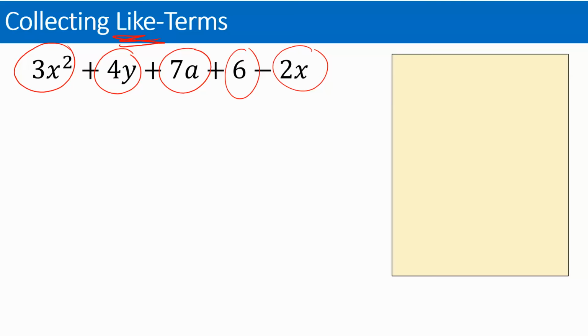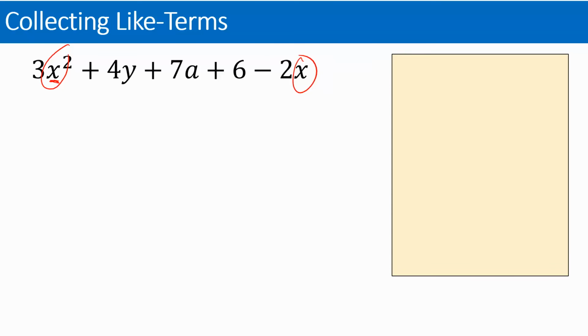Technically, all of these terms are different. A lot of the time students get this wrong, especially in year 8, when you start doing multiplying, adding, dividing, there are some rules that you'll start to mix up. The common one that you'll mix up is the x squared and the x. A lot of students will mix this up because they see, oh, they both have an x, therefore I can collect them, and what they'll write is 3 minus the 2 is 1, and then they'll say, what do I do with the x squared and the x?